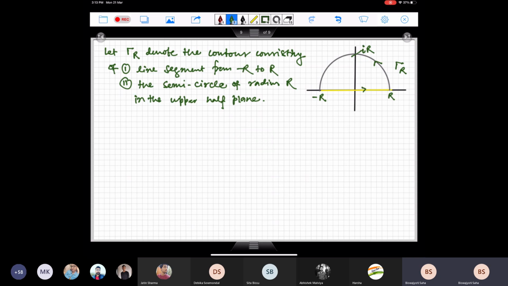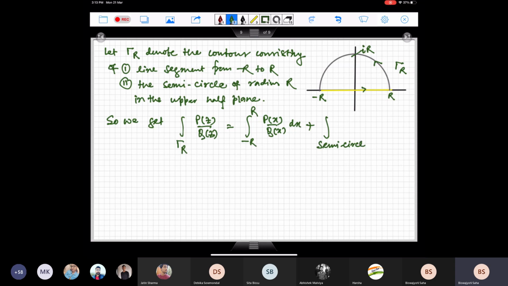So we see that the integral over gamma r, my function here is pz upon qz. This is nothing but the integral from minus r to plus r of px upon qx dx plus the integral on this semicircle of pz upon qz. So I have this. Okay.